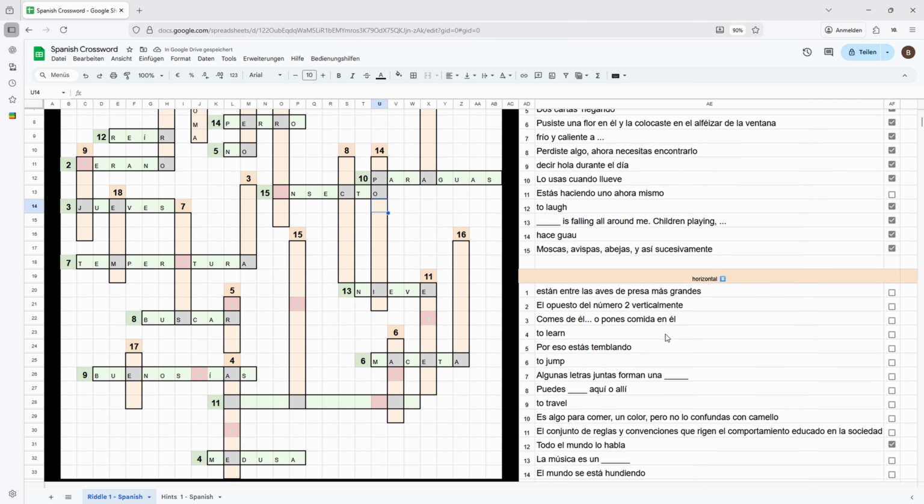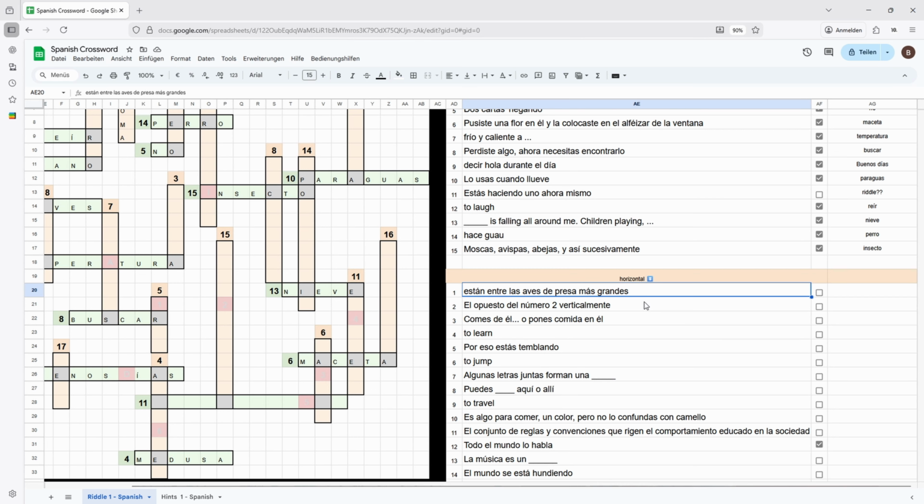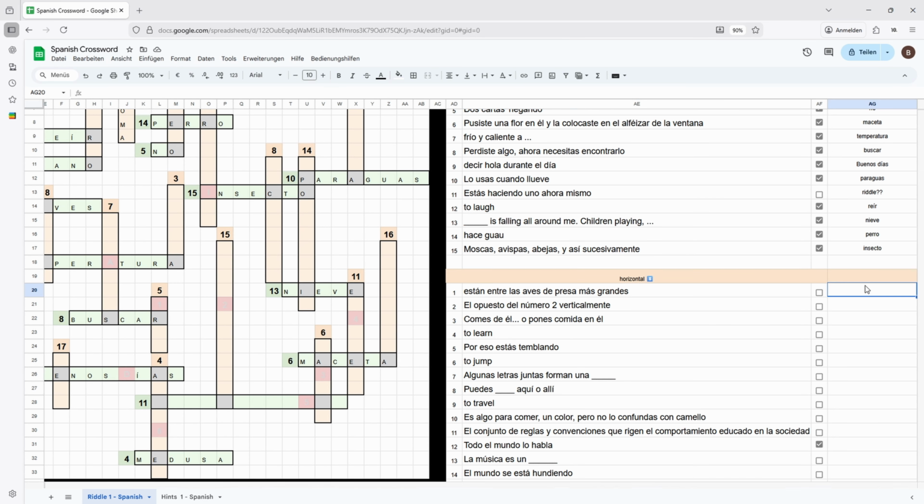Then we have vertical. And vertical we have "están entre las aves de presa más grandes." Okay, I'm not good with birds. So we have one of the biggest birds in the sky. An eagle, maybe? How do I write that?